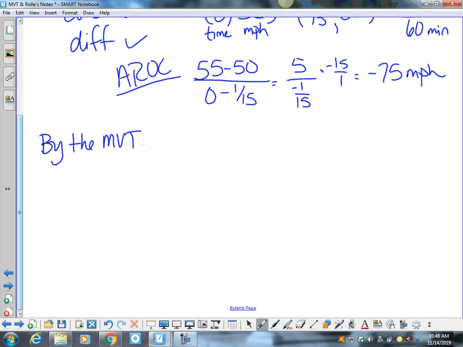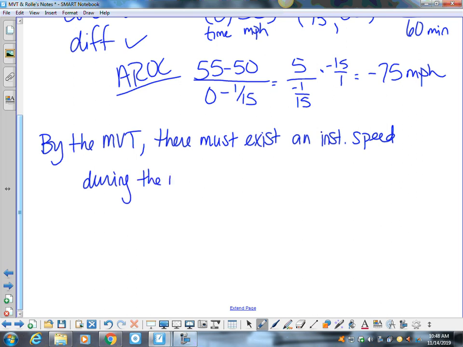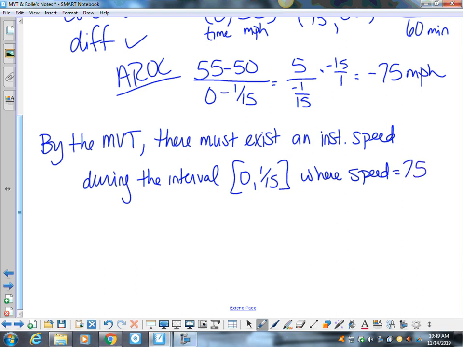By the MVT, there must exist an instantaneous speed, which is your velocity, during the interval 0 to 1/15, where the speed equals 75 miles per hour. That's what the MVT says.